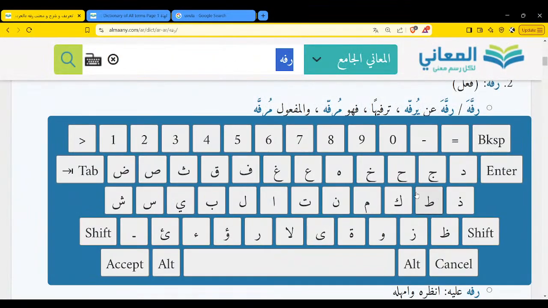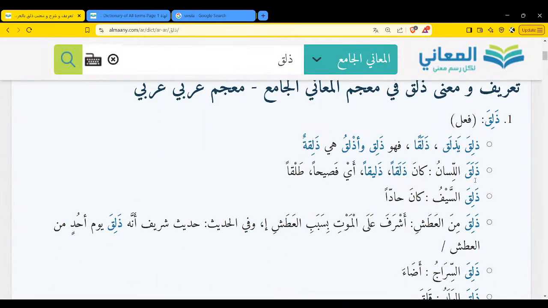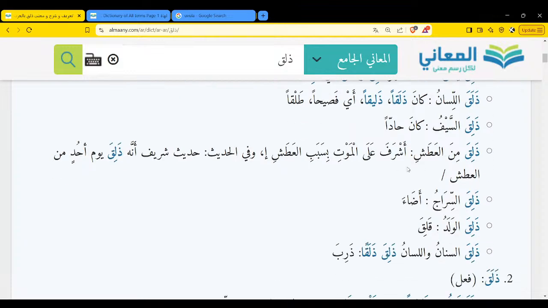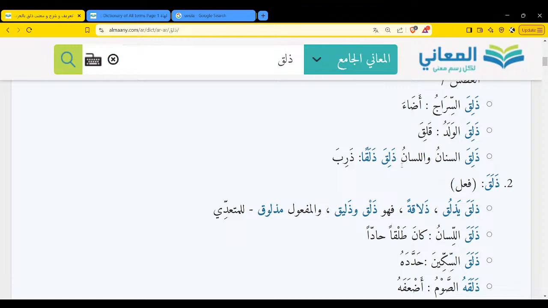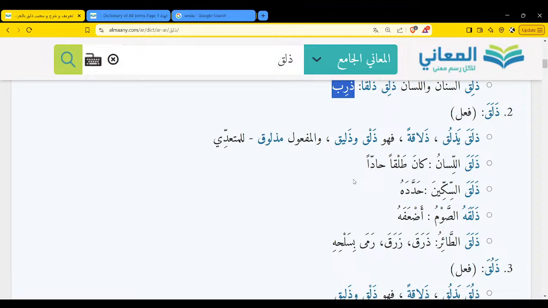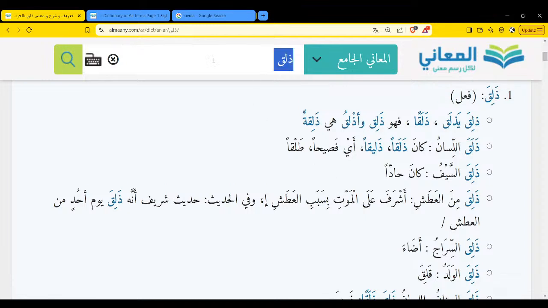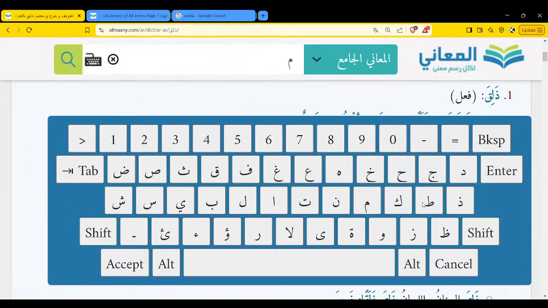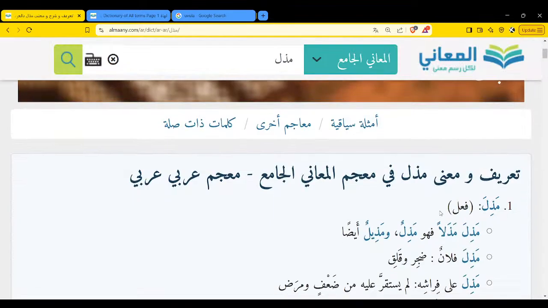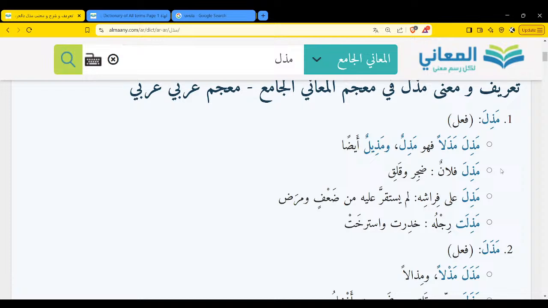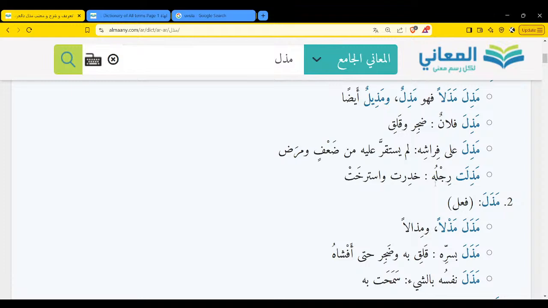These are two words that he mentioned. ذلق, when they are such that they are sharp, that's what I'm translating as, and مذل, or مذلة, according to here, ضجر وقلق, خدرت واسترخت.